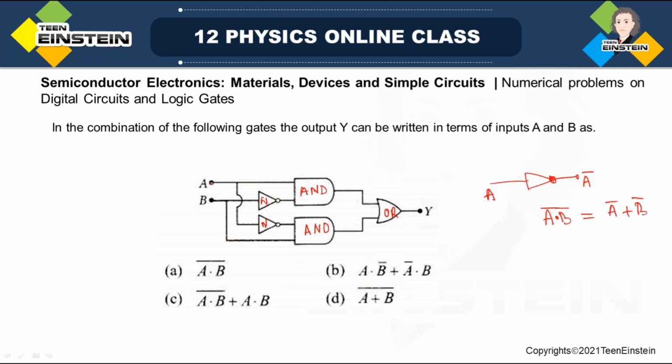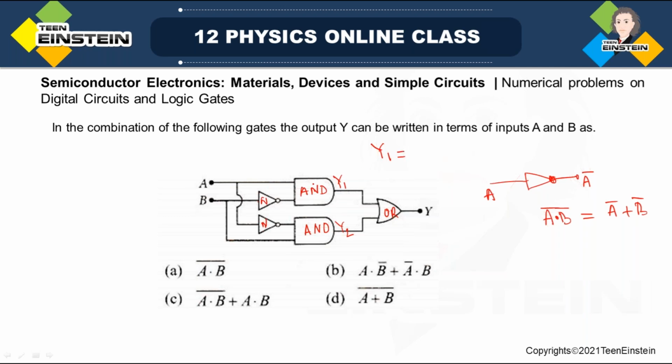So the input A goes directly to the AND gate, and again it goes to this AND gate also through the NOT operation. For this AND gate, let us write the output as Y1 and this output as Y2. So what do you get at Y1?